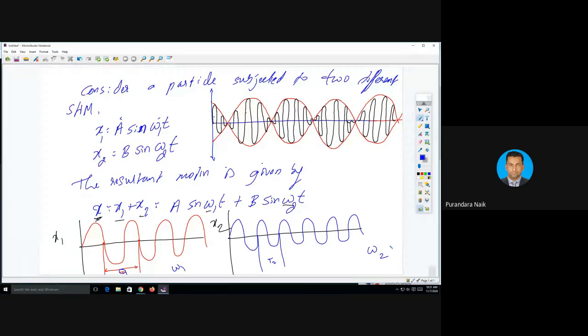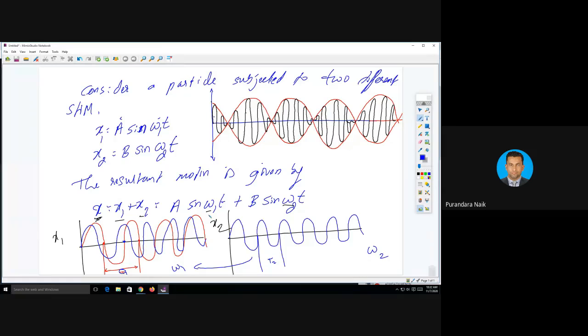So if you add these two SHM, what happens? Let us combine them. I have a video, I'll show you in the next class. If you combine this, say this frequency is somewhat less, right? For the completion of one cycle, it has to reach here, but because of the very small frequency, it will end up at a point somewhere here, right? So it goes on reducing like this.